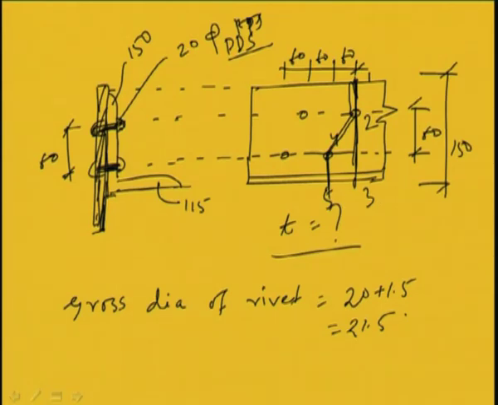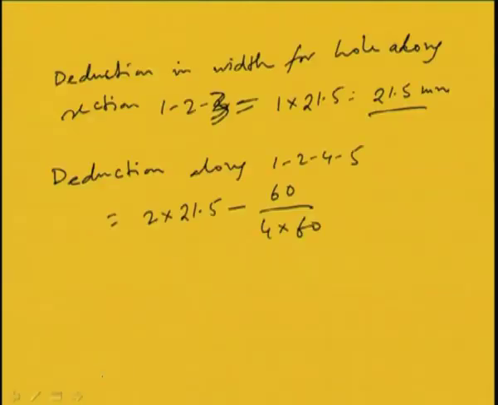So s square by 4g will be this, and the value will become 28 mm, right. So the deduction in width for hole along 1, 2, 4, 5 is 28 mm and along 1, 2, 3 is 21.5 mm.